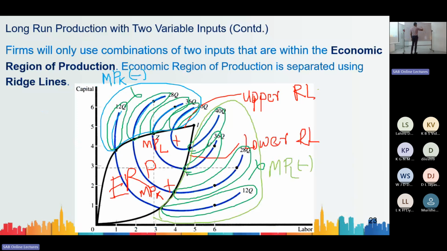These positively sloped portions report a negative marginal product of labor.